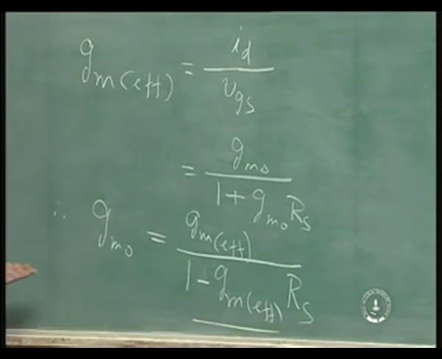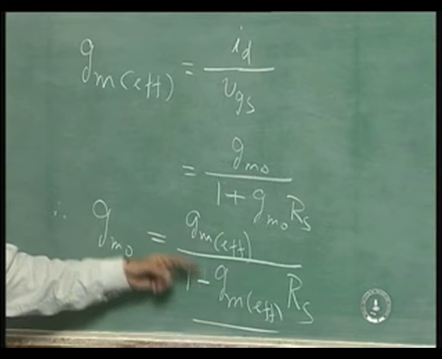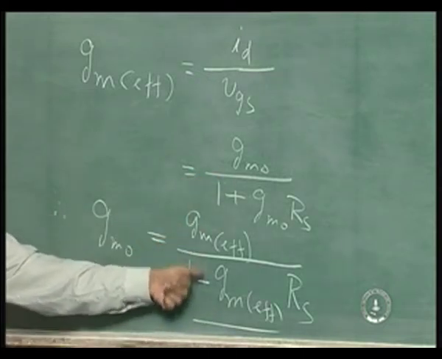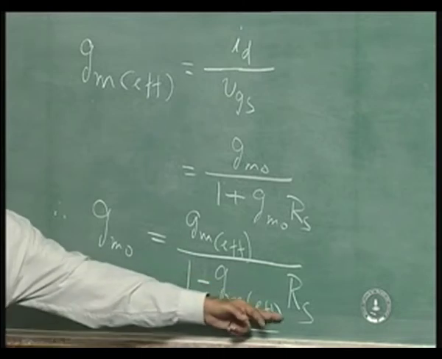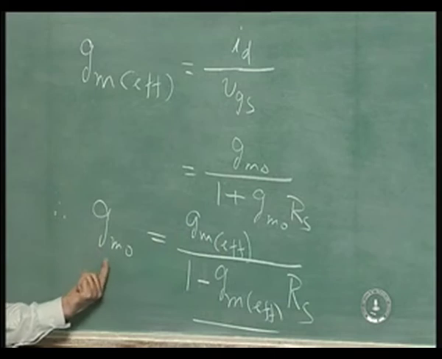I am writing it in this form because GM effective is the one that you measure, delta ID by delta VGS. So, once you know GM effective and once you know RS, another quantity you can measure, put together you can get the intrinsic GM.